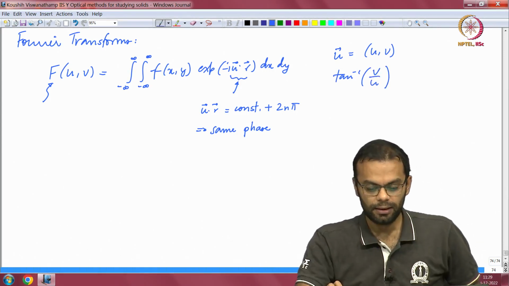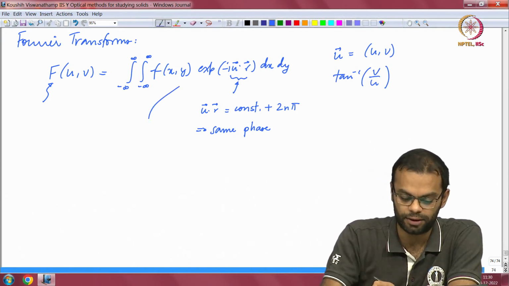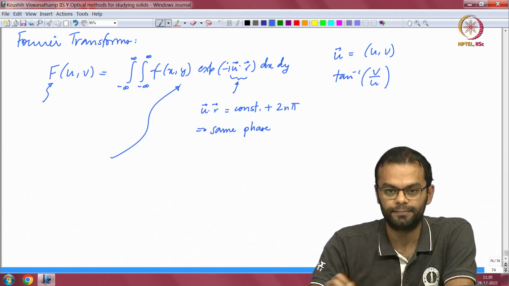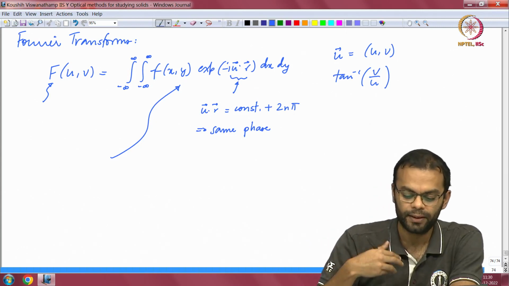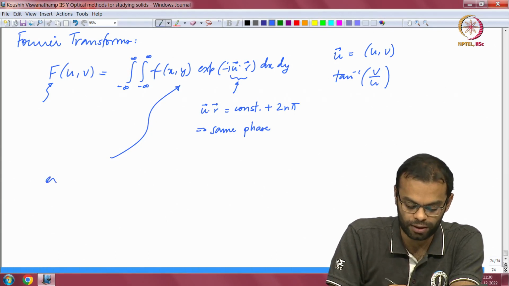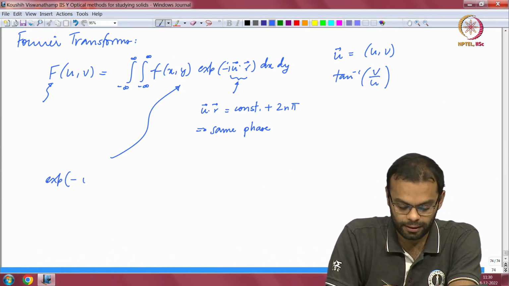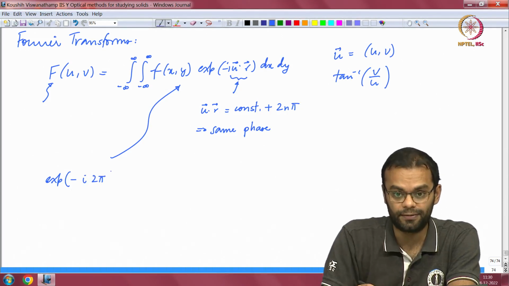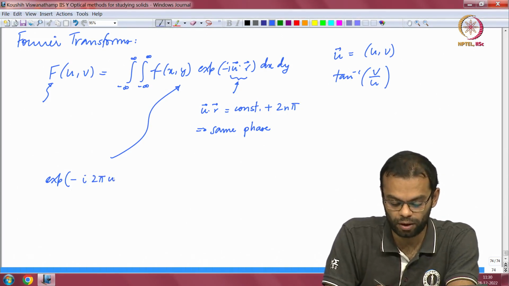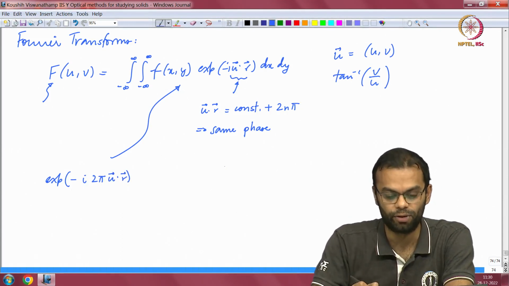Okay. So, I will make a couple of changes to this notation. This notation, u dot r equals constant, is intuitive, but it turns out if you instead use a slightly different definition of the frequency, which has an explicit factor of 2 pi outside, from now on we will start using something like this instead of just u dot r.